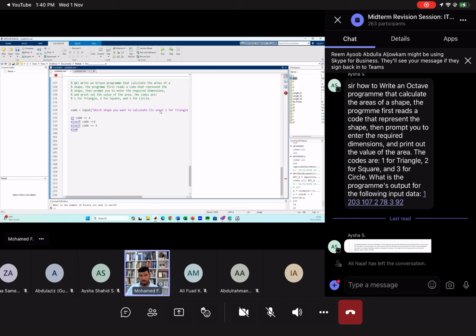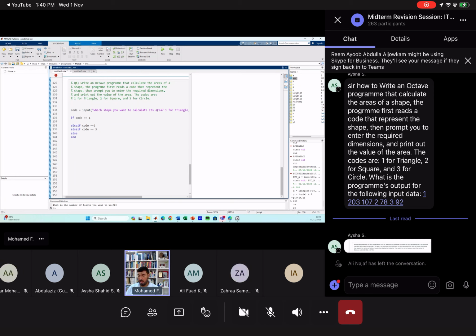Then else and end if. In my case, because I'm using Octave, we don't have MATLAB's else and if, we have just end. Now, if the code is 1, then this is a triangle.